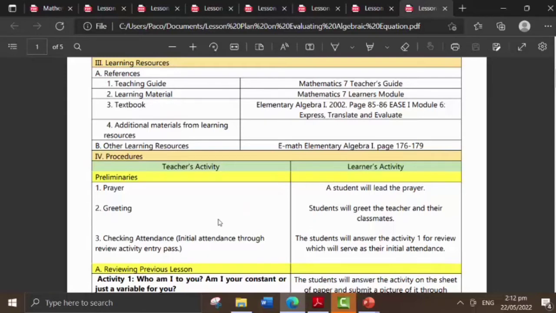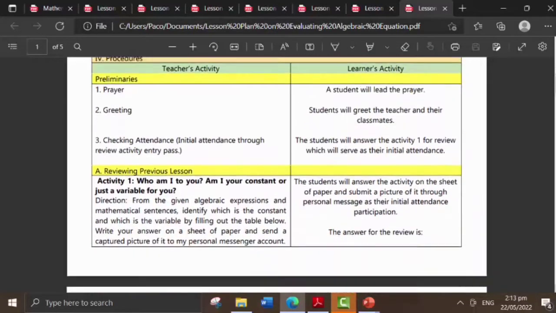Preliminaries may contain prayer, greetings, checking of attendance, or other activities such as some drill or energizer activities that can help boost the motivation of the learners in this class. You need to note here what the teachers should do, and the expected activities or tasks that students should perform.